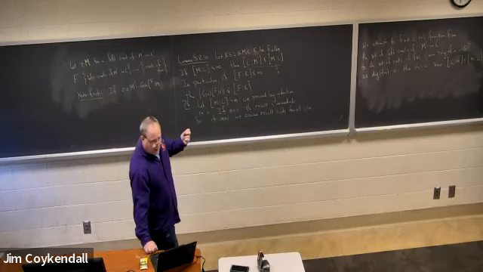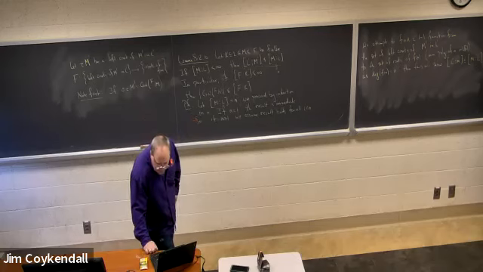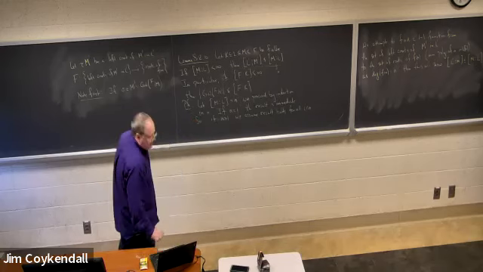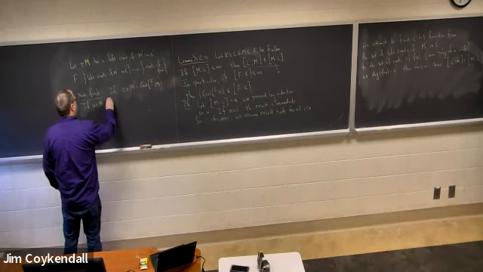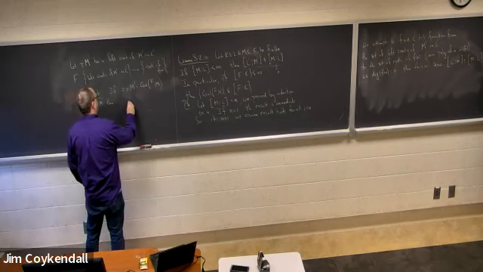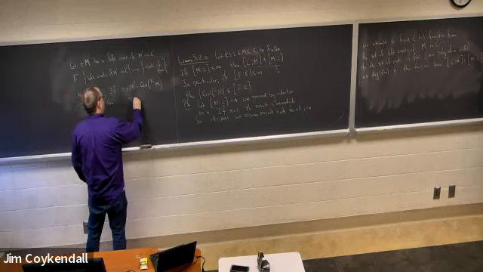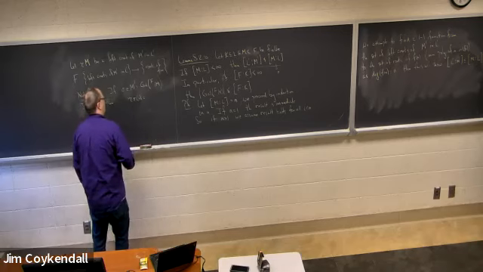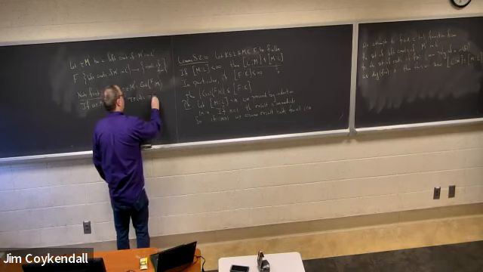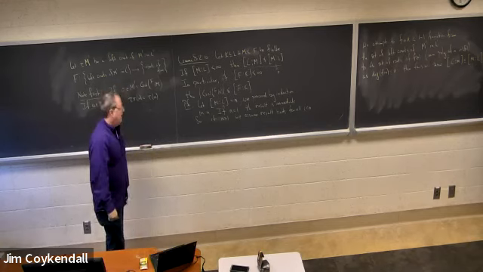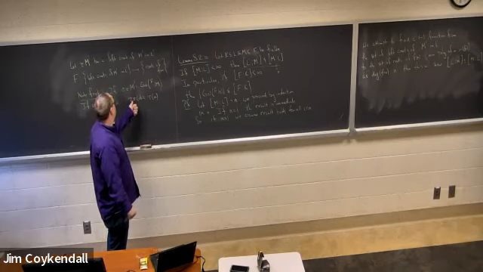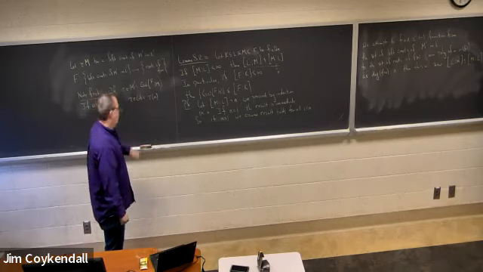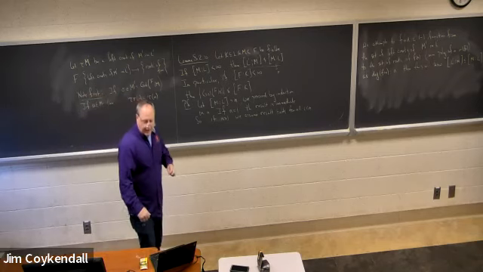A typical element of that coset will look like tau sigma. If U is in M, then tau sigma of U is the same thing as tau of U, because by definition sigma fixes everything in M. So sigma of U is just U.